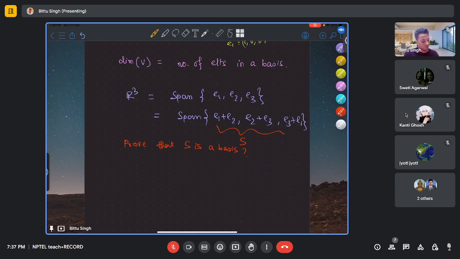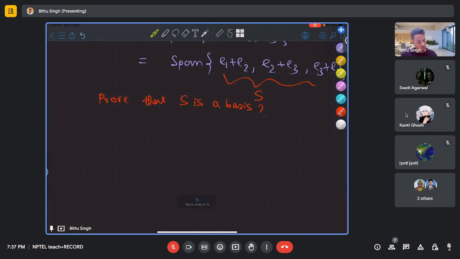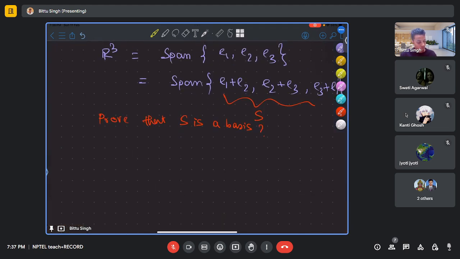Let us try to see. First, take any element (x, y, z) belonging to R3. It can be written as x times E1 plus y times E2 plus z times E3.